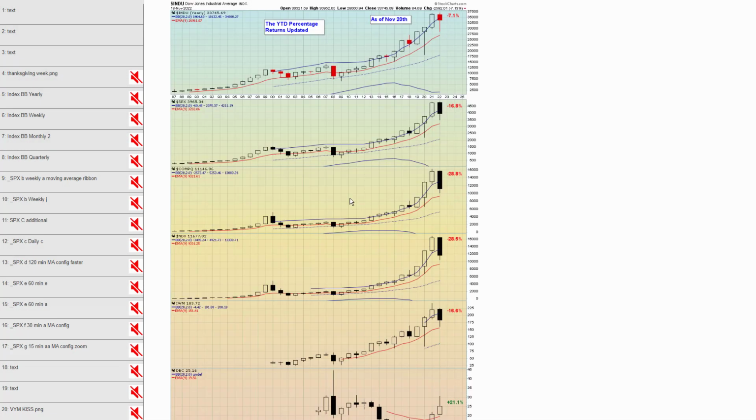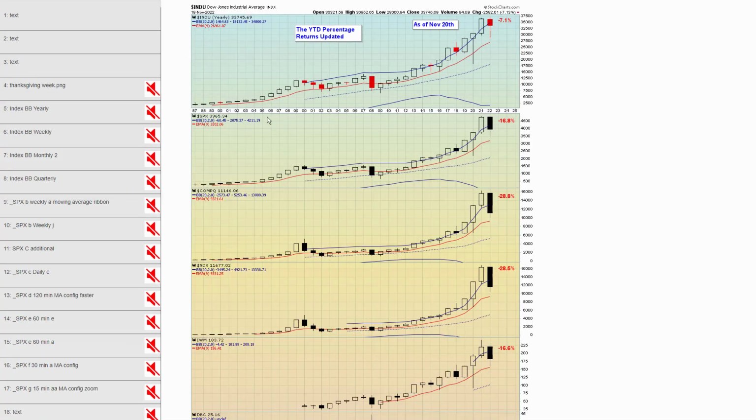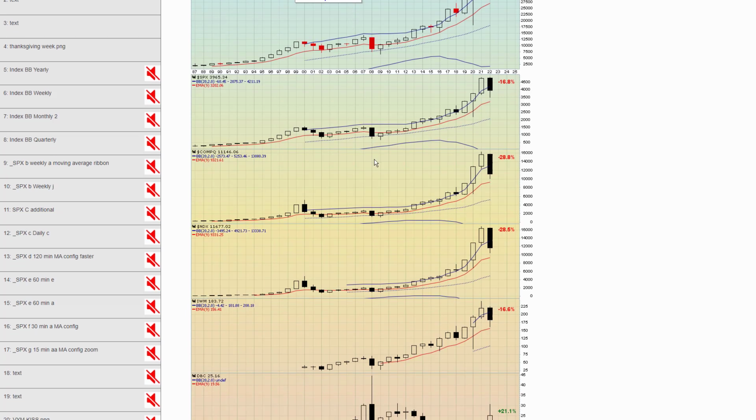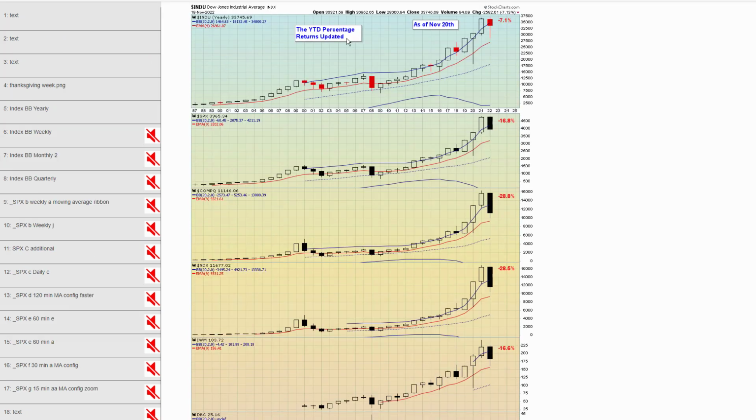Next, image number 5. This chart contains a yearly chart of the 5 key major indexes, as well as bonds and commodities.